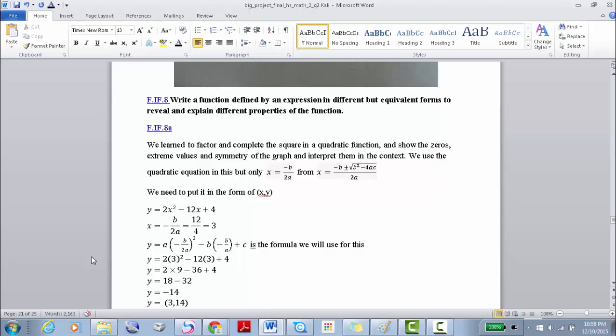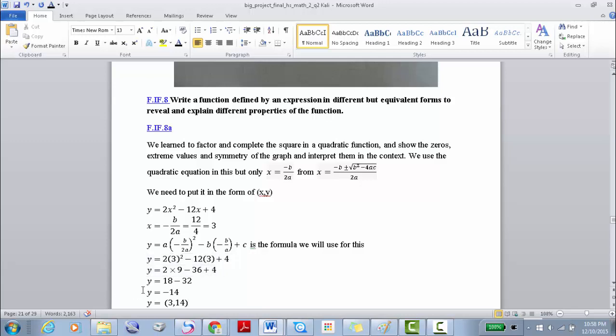It's y equals 2 in brackets 3 squared minus 12 in brackets 3 plus 4. So 3 is the answer of 12 over 4, so it'll be 2 times 9.